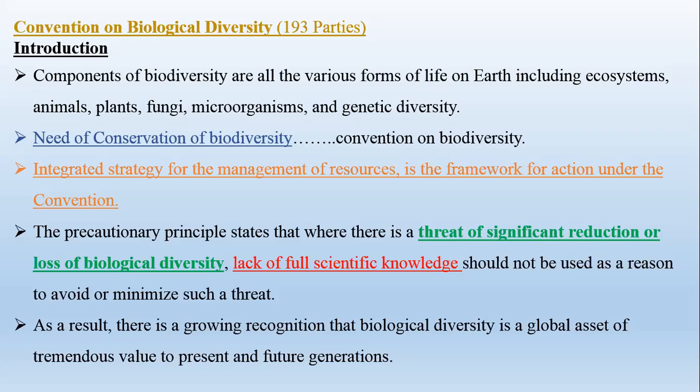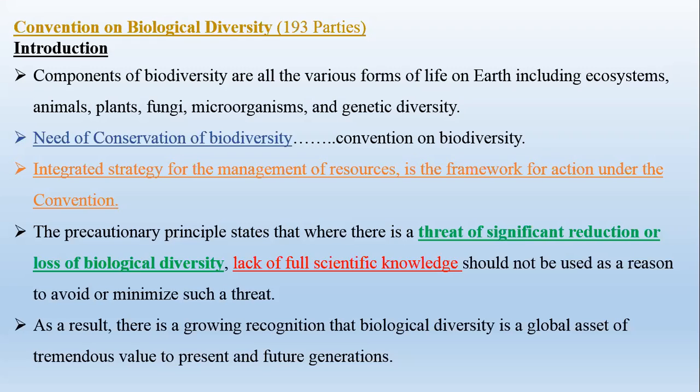The precautionary principle states that where there is a threat of significant reduction or loss of biological diversity, lack of full scientific knowledge should not be used as a reason to avoid or minimize such a threat.